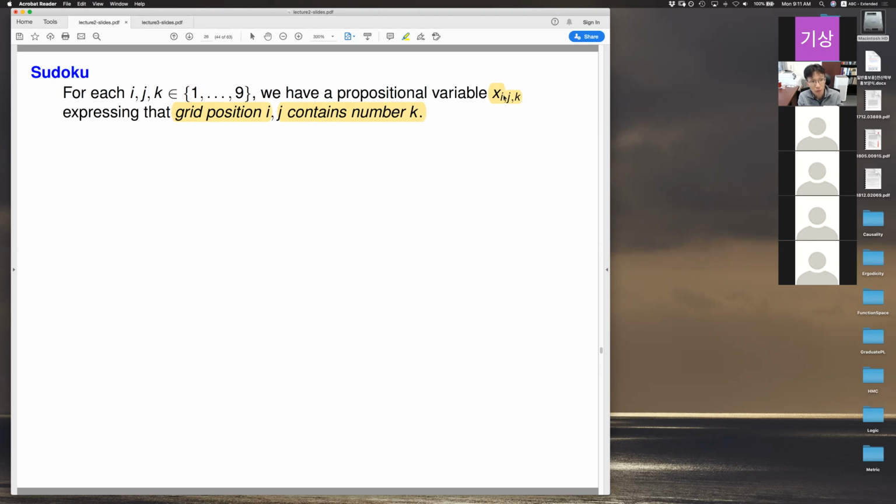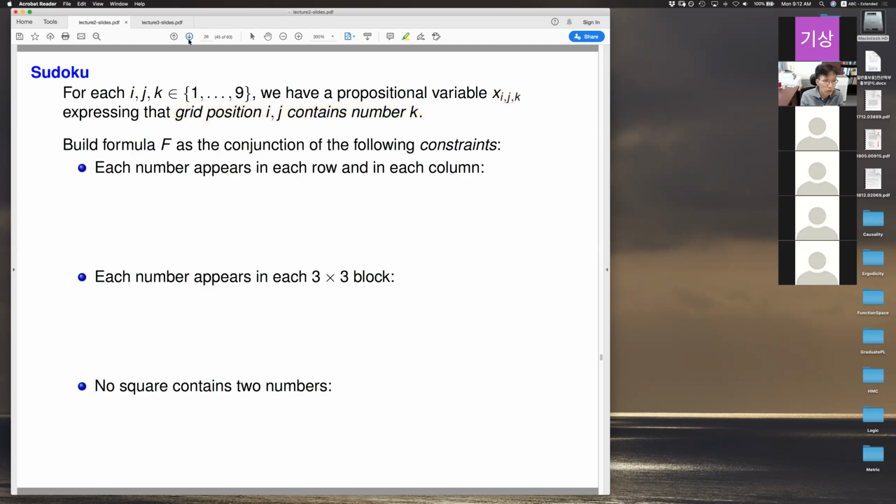So then the step of encoding this problem into satisfiability boils down to expressing all the rules of the Sudoku game in terms of these propositional variables xijk. So we're gonna encode 3 rules. The first rule says that in each row, every number should appear.